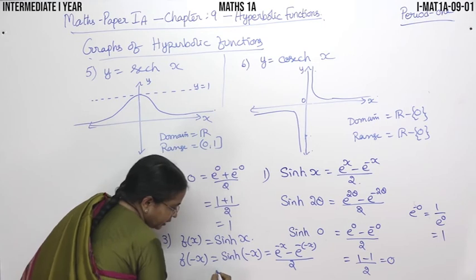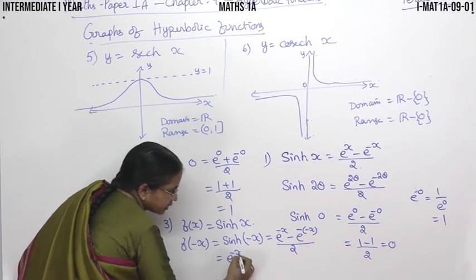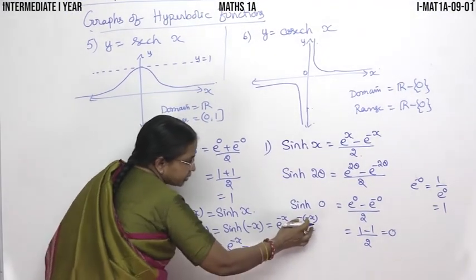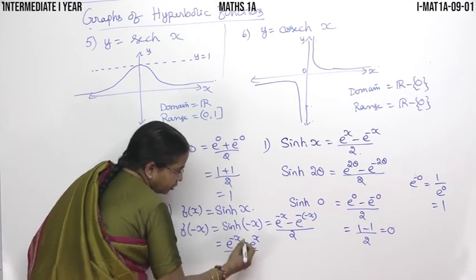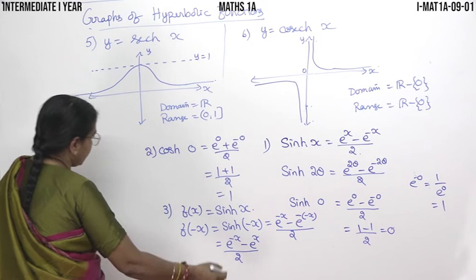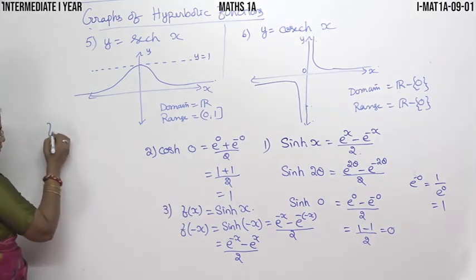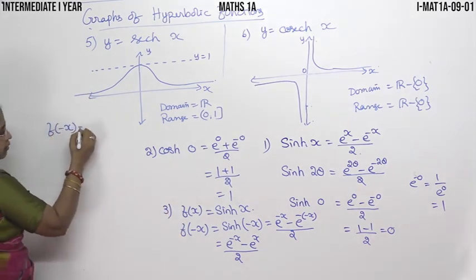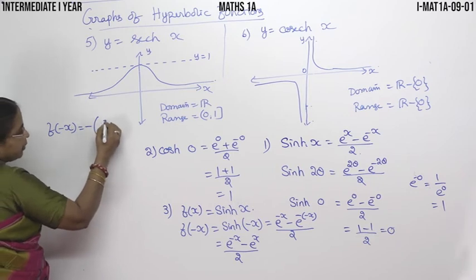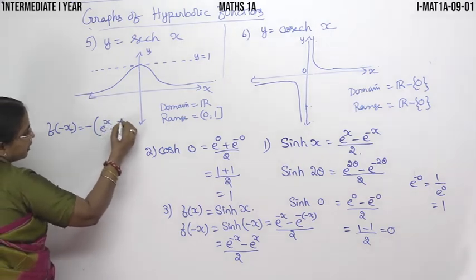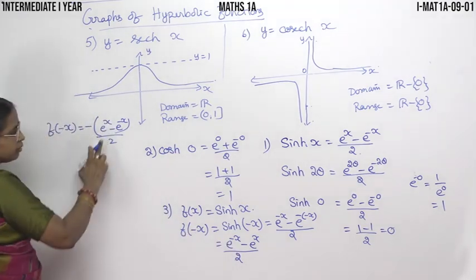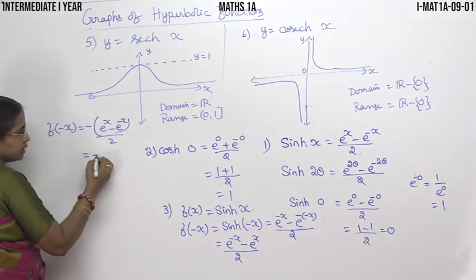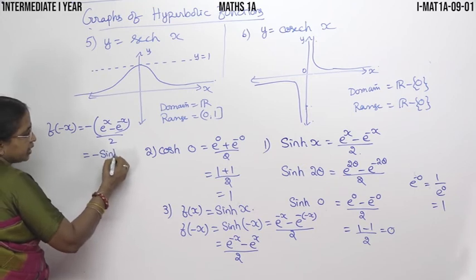Minus of minus becomes plus, so e to the power x by 2. So I can write f of minus x as minus of e power x minus e power minus x by 2. Take minus 1 outside, then it looks like this. So that means it is minus of sin hx.